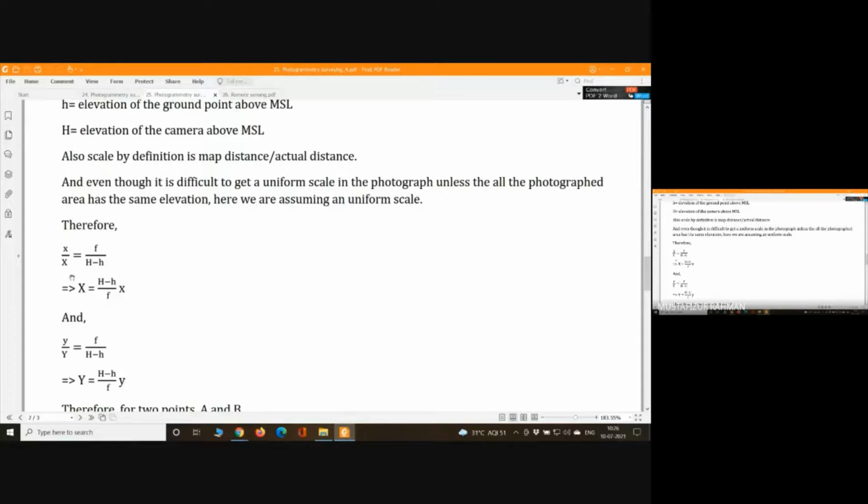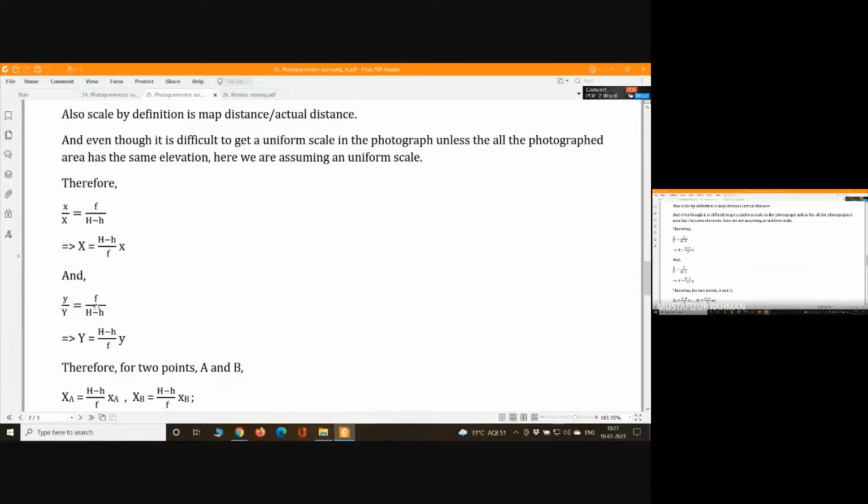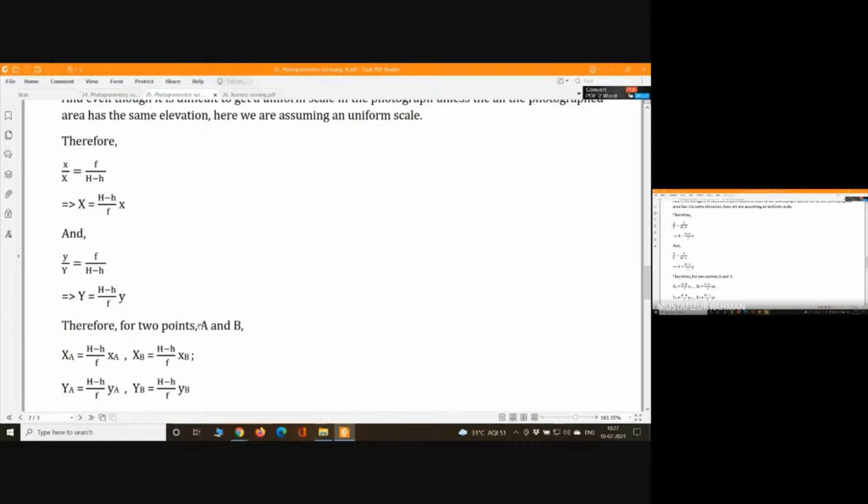The x coordinate in the ground is related to the x coordinate in the photograph with the help of the scale. Similarly, small y, that is the map distance or photograph distance in y direction, divided by capital Y, that is the actual distance in the ground, is nothing but the scale of the photograph, f divided by capital H minus small h.